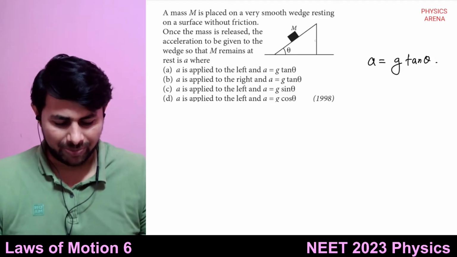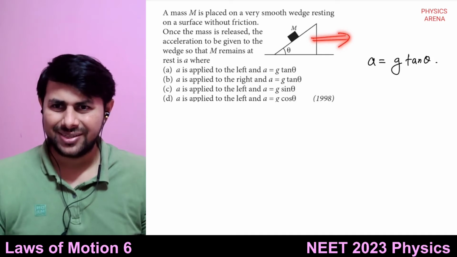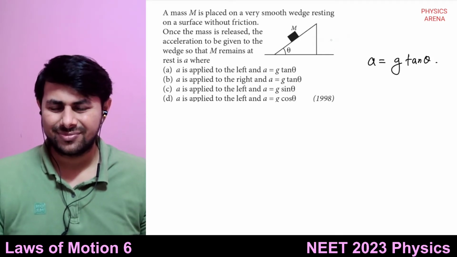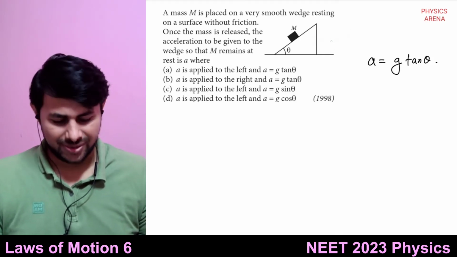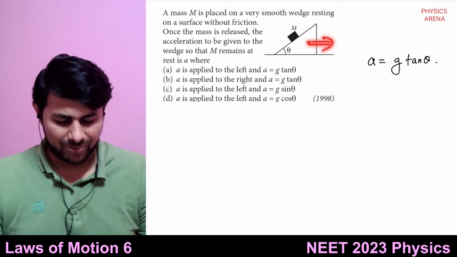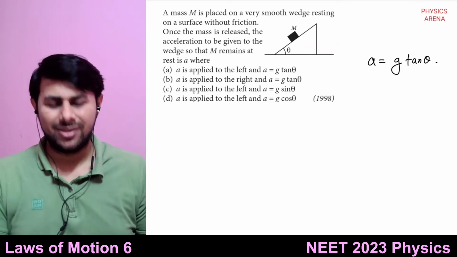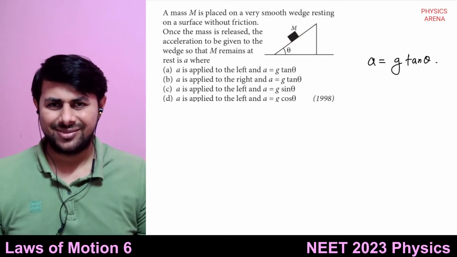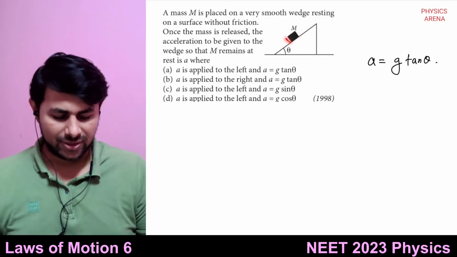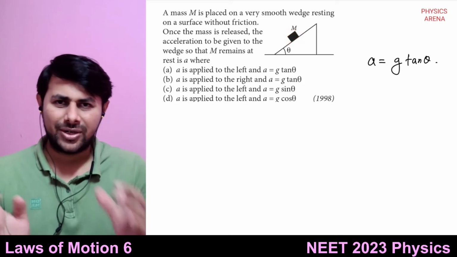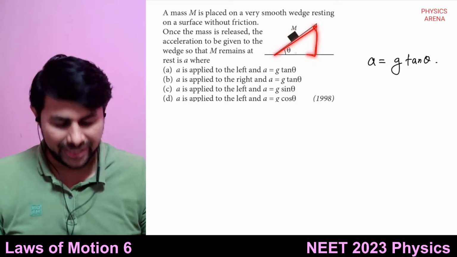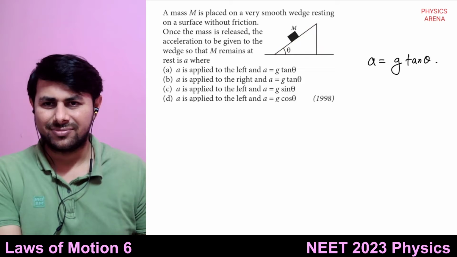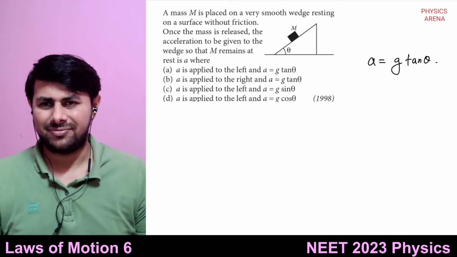Okay, if you apply it towards right, what will happen? The block will slide even faster. It is already falling down, and you are taking this wedge away actually, so it will slide even faster.